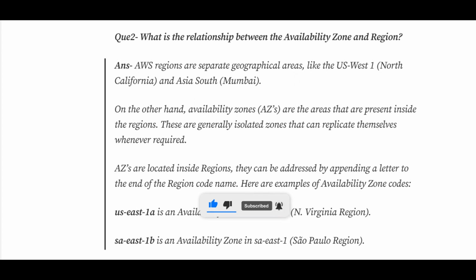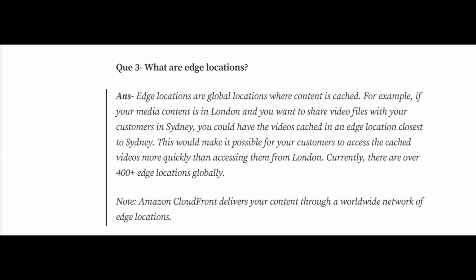Coming to the next question. What are edge locations? Edge locations are global locations where content is cached. For example, if your media content is in London and you want to share video files with your customer in Sydney, you could have the video cached in an edge location close to Sydney. This will make it possible for your customer to access the cached video more quickly than accessing it from London.